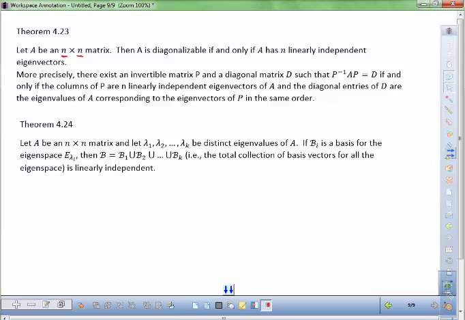Now, is that a basis of one of the eigenspaces? Each B_i, you're putting them all together. Yeah. So it's the union of all those. It's going to be the basis.